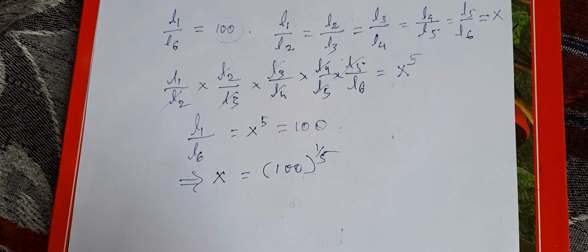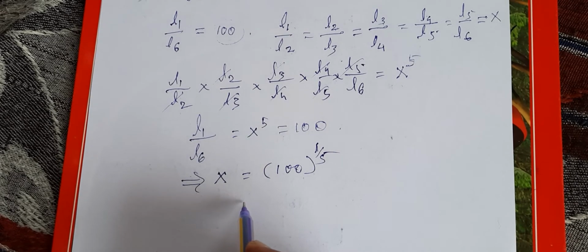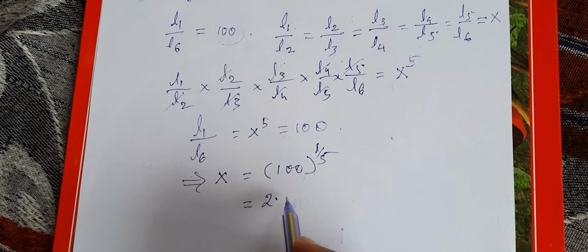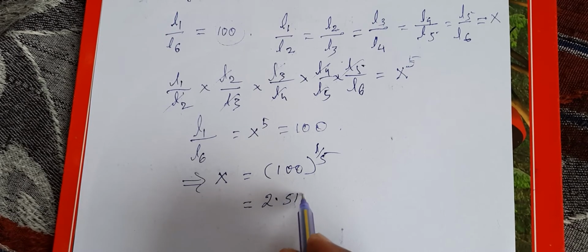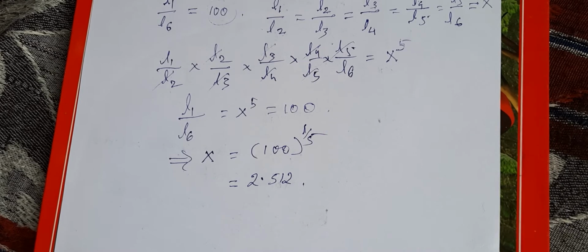If you calculate the fifth root of 100, you get the value 2.512.